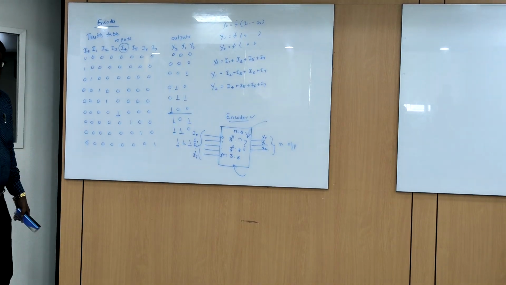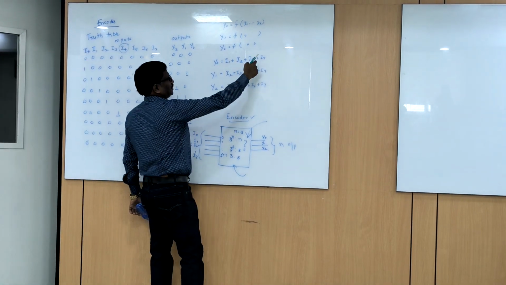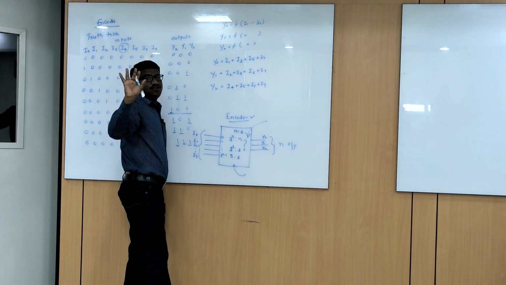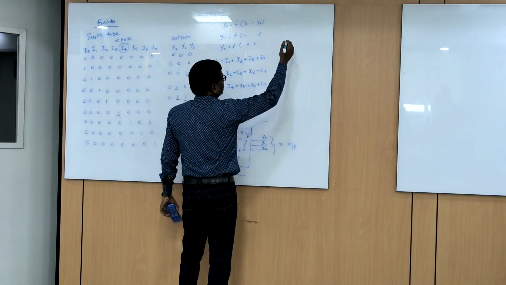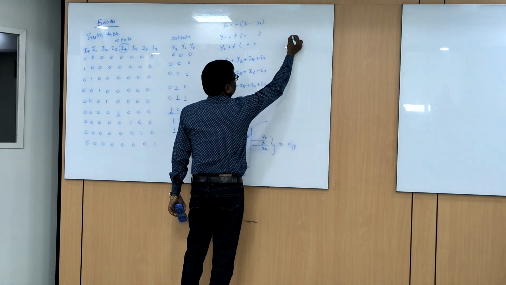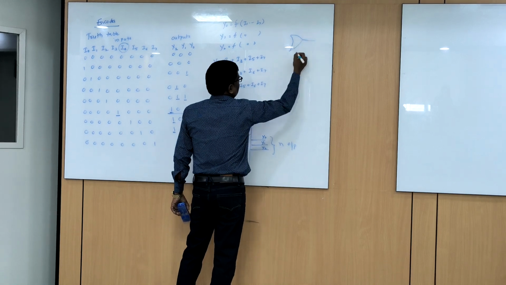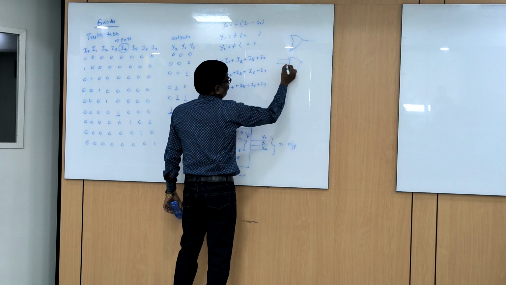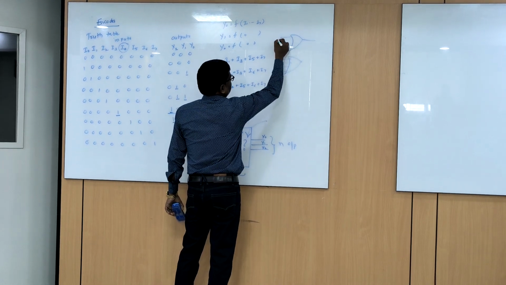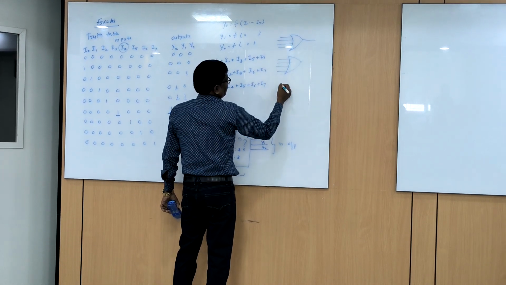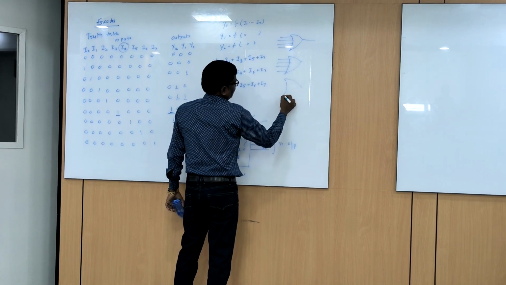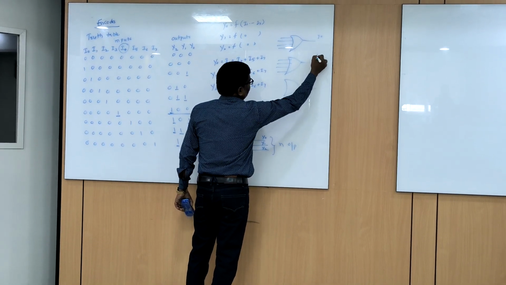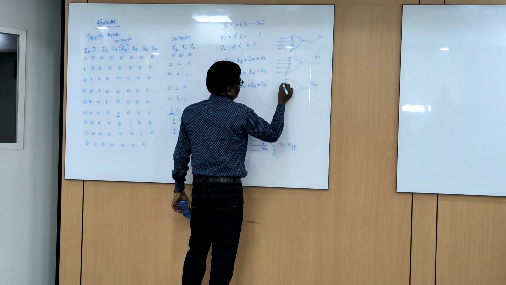What is the meaning of this? The overall block is nothing but 3 OR gates with 4 inputs each. Then I get my outputs Y0, Y1, Y2.